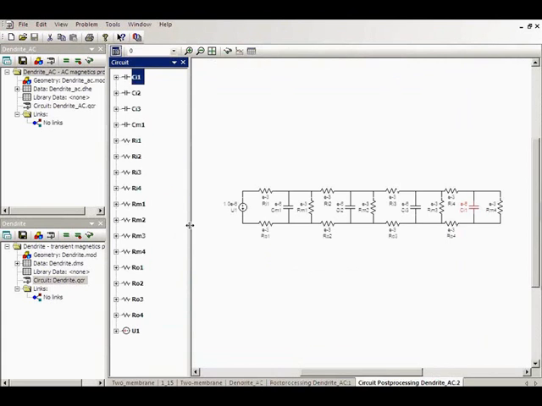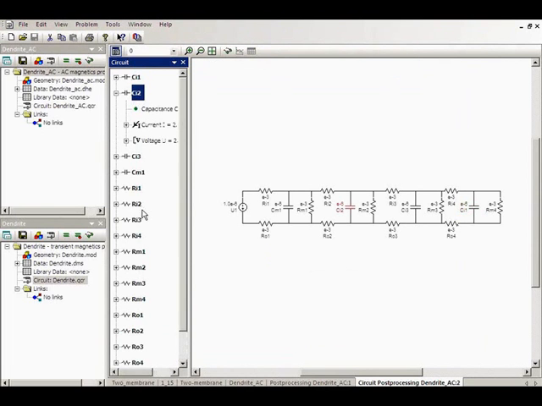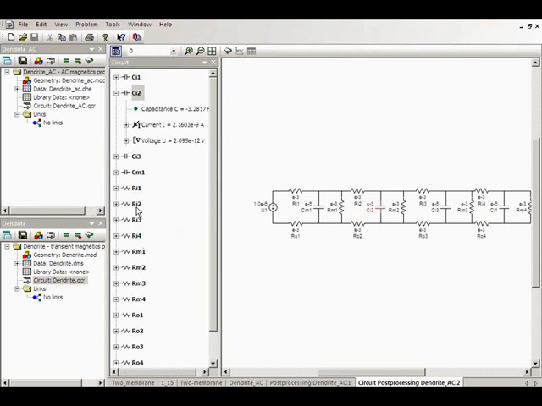If I look at the coupled circuit, now we can, for example, see the AC current and voltage across any element of the circuit here, and as well we can look at the impedance of the dendrite as a function of frequency in the same way as we looked at the impedance as a function of frequency of the double shell model. One thing I want to look at, however, is a transient response of the dendrite to a pulsed field.